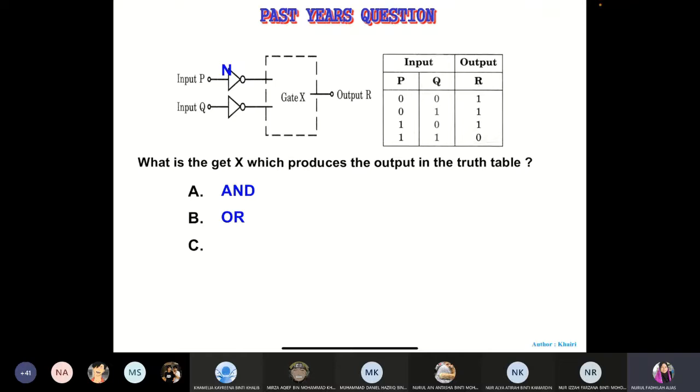So this is another example question. What is the gate X? So now, you are given an incomplete diagram, and then you are given a truth table. Then you must think. Okay, you relate to that truth table. What do you think the gate X will be? Ikmal Daniel. Muhammad Ikmal Daniel. Do you want to guess?